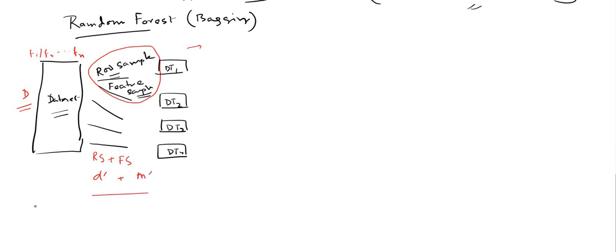Remember that D dash should always be less than D, and M dash should always be less than N, if we have N number of features.